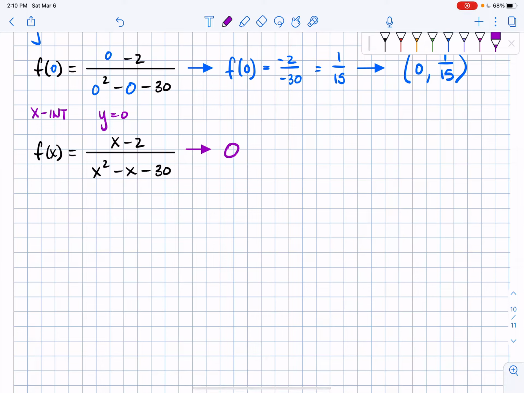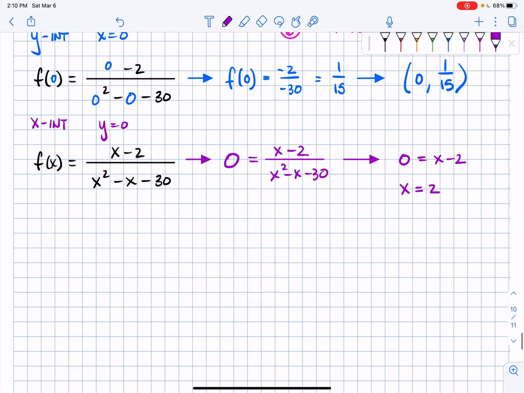So this is gonna be 0 is equal to x minus 2 over x squared minus x minus 30. In order for a fraction to be 0, the numerator has to be 0. So I don't even need to care about my denominator. I can just use the equation 0 is equal to x minus 2. So if that's the case, then I get x is equal to 2.